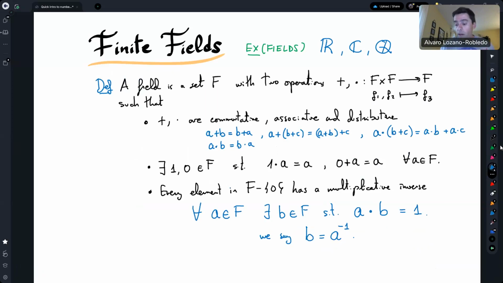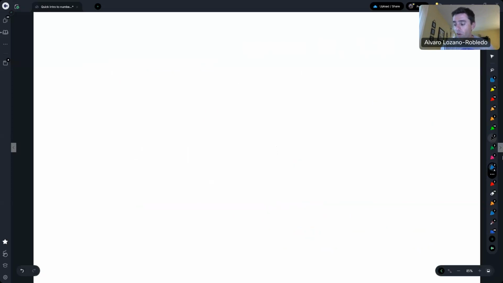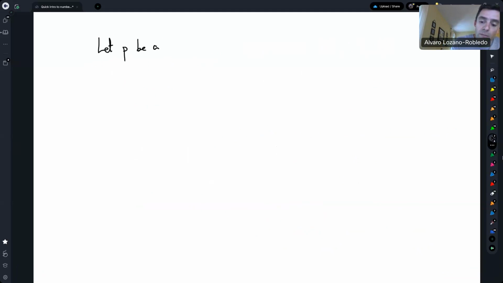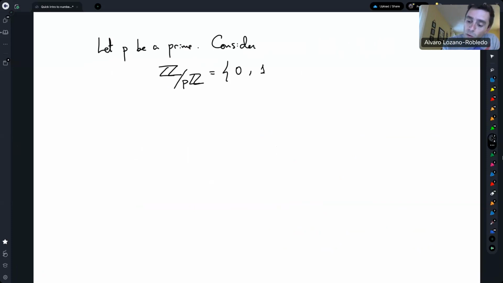But what we saw in a previous video is that we have another source of fields that gives us finite fields. When we let P be a prime, then we can consider, remember the notation, Z mod PZ. This is the set of 0, 1, 2, up to P minus 1 mod P, where there is an addition.